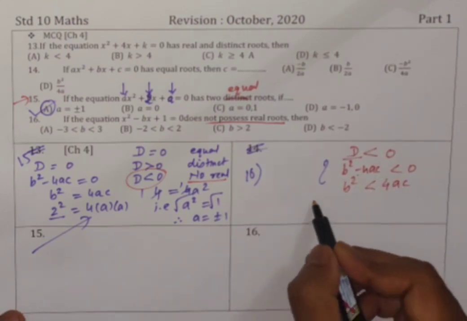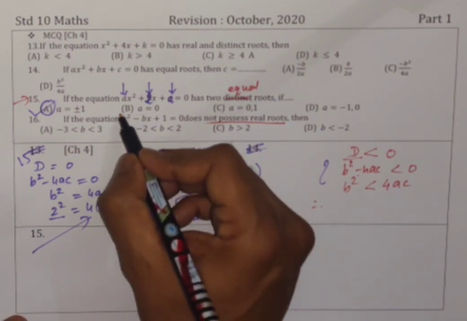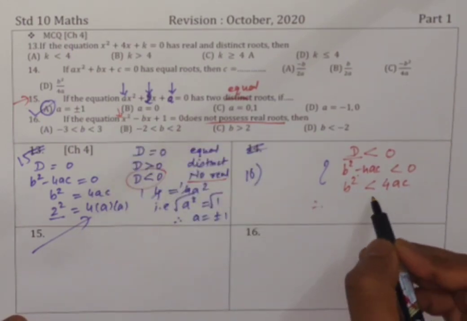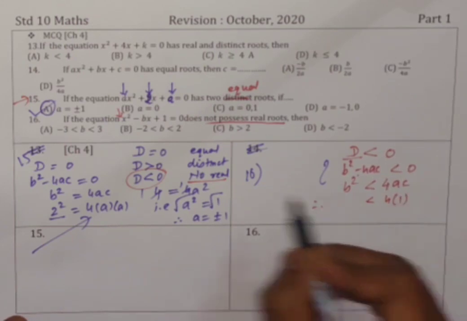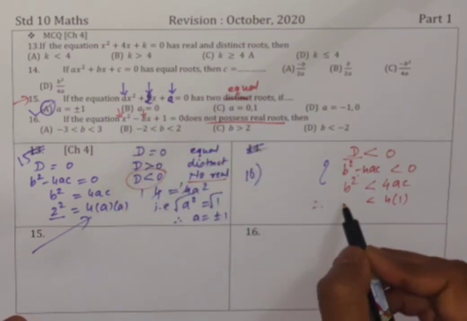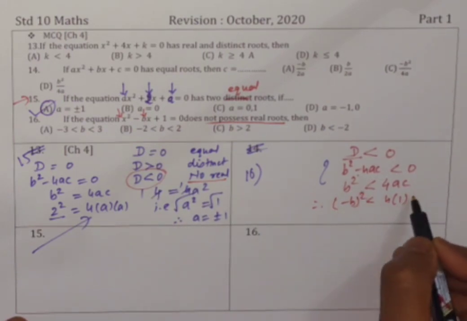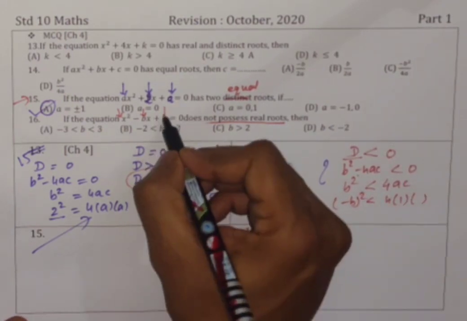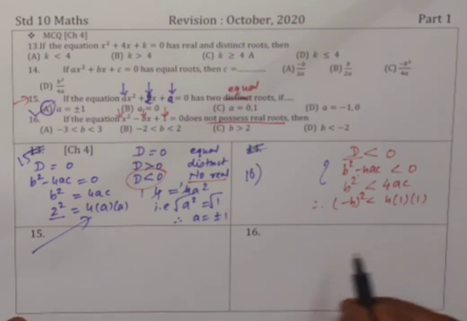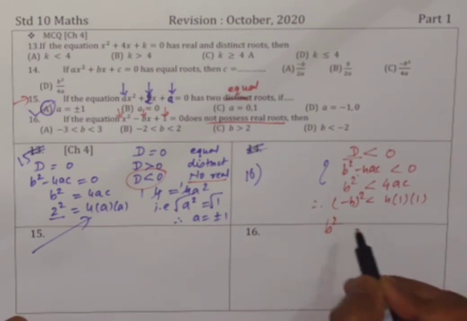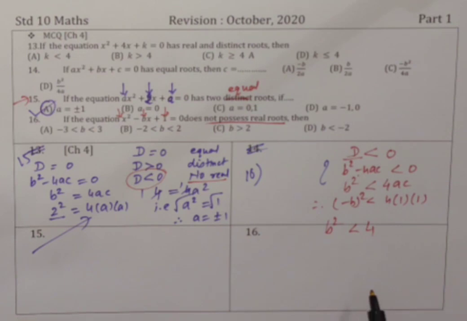Put the values. Now what is a? 1. So 4 into 1. What is b? It is minus b. So minus b square into what is c? 1. So this becomes plus b square is less than 4.